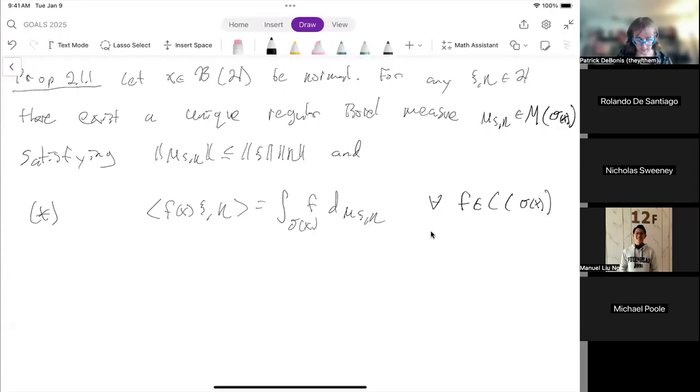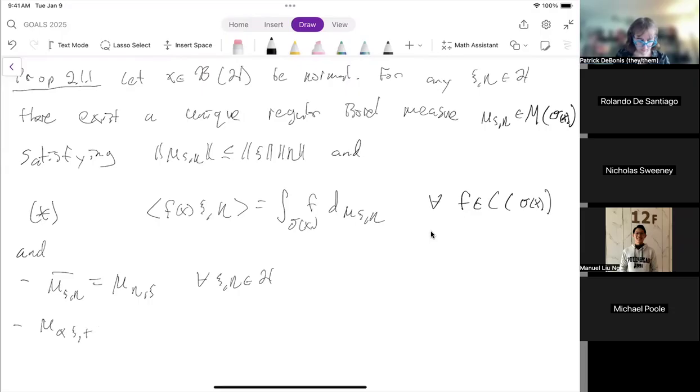And it also needs to satisfy some of these star algebra properties. So conjugation of this measure switches the order of those vectors. And then it's going to be linear in the first component.